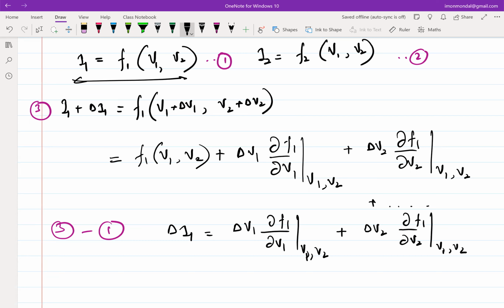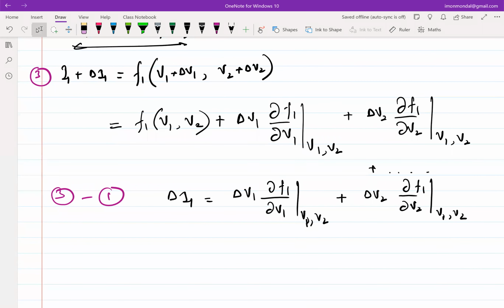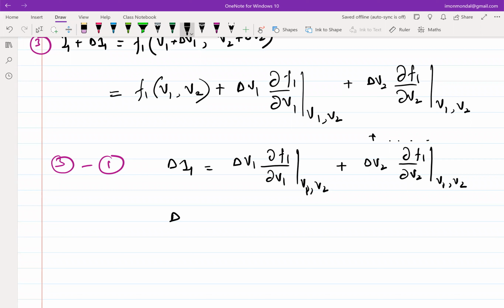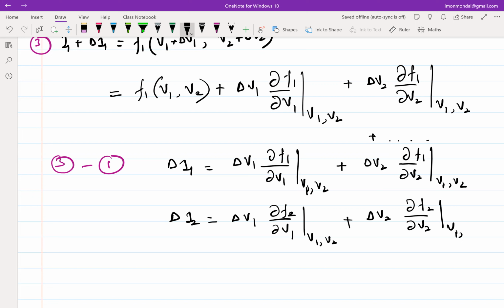Similarly, I'll get delta I2, I'll not go through the steps, but you can just look at it and tell me it will be delta V1 times del F2 by del V1 around the quiescent points of V1, V2, plus delta V2 times del F2 by del V2 around the quiescent points of V1, V2. Does that make sense?